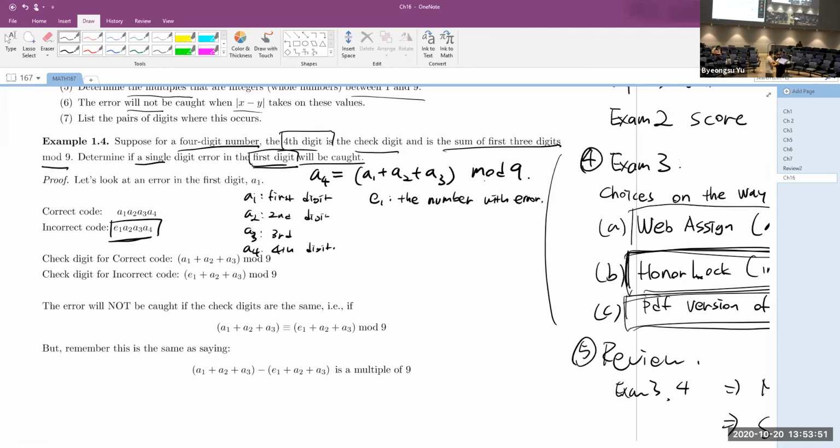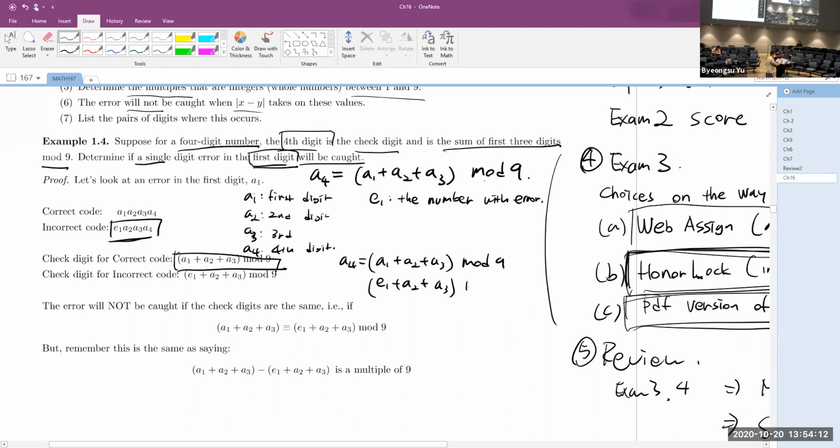Then the check digit for the correct code is this one, right? So A4 is equal to A1 plus A2 plus A3 mod 9. But the check digit for the incorrect code is E1 plus A2 plus A3 mod 9, right? So say this is A4 prime. And the error will not be caught if those two numbers are the same, right?